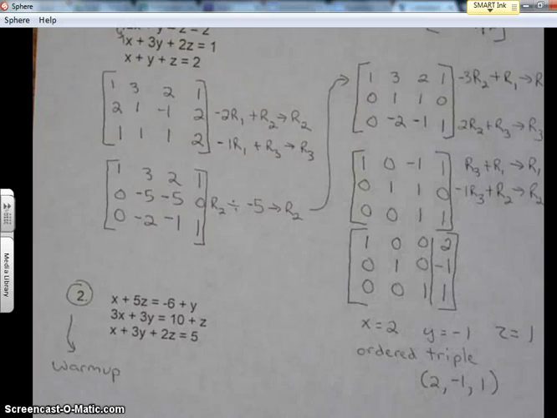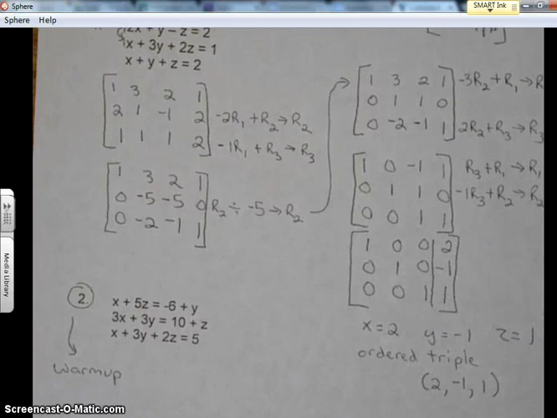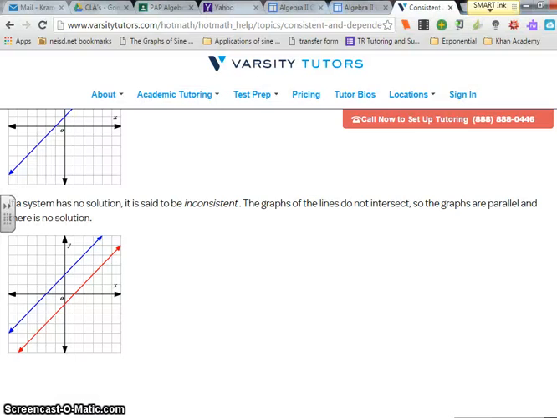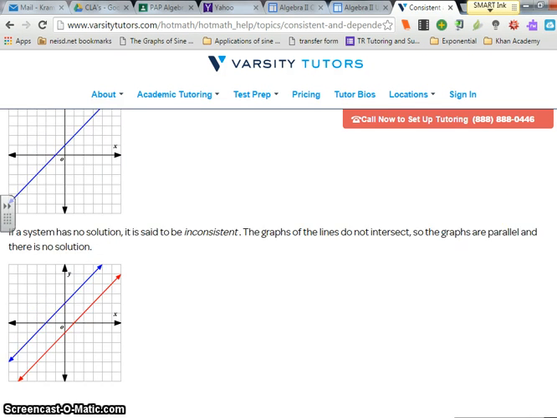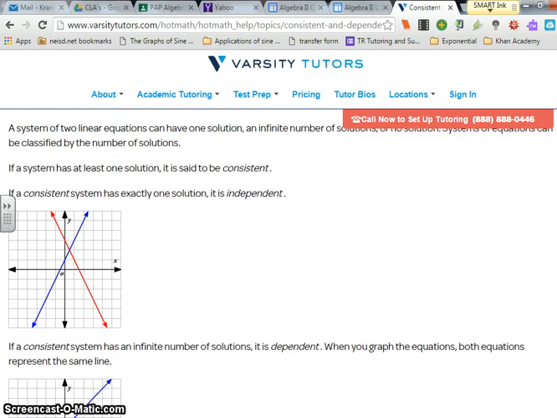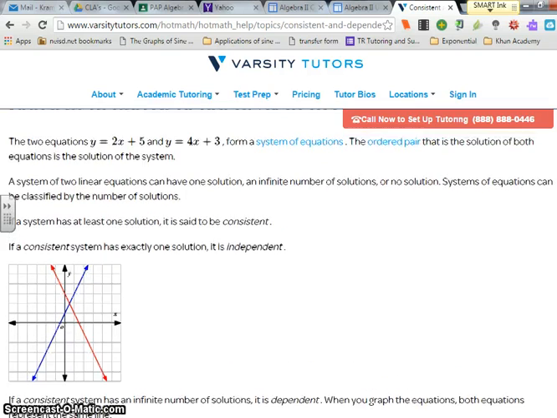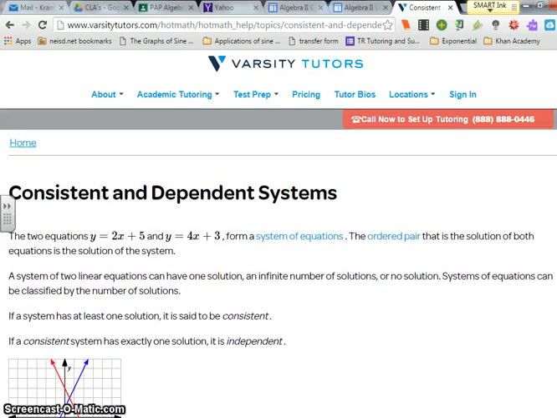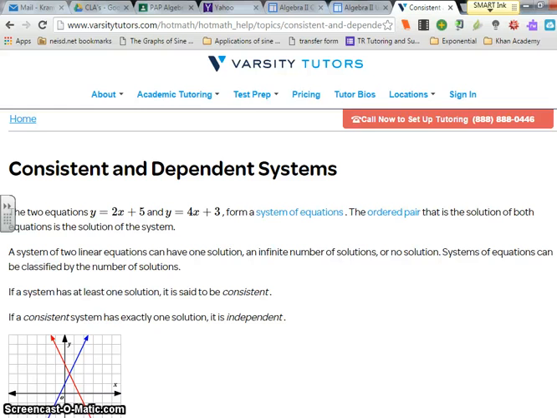Now the other thing I want to go over really quick is some vocabulary. If you'll take a look at this and read it over, what you need to know as you read this is these words right here. Consistent.